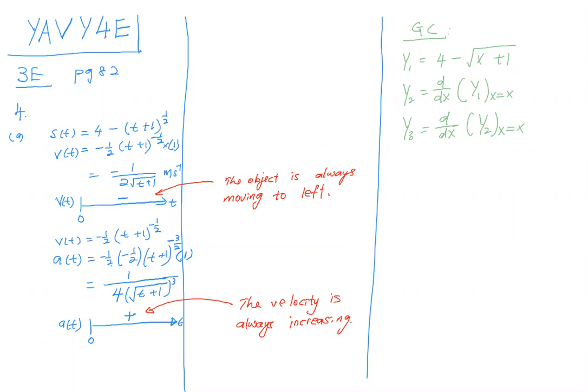So you have to know the meaning of velocity. That is how I interpret. So every sign diagram that I draw, I will always interpret. This is not because the question didn't ask me to, but I will do so. Okay, so for this question, you don't really need a graphic calculator to help you. One look, you know what the sign is.